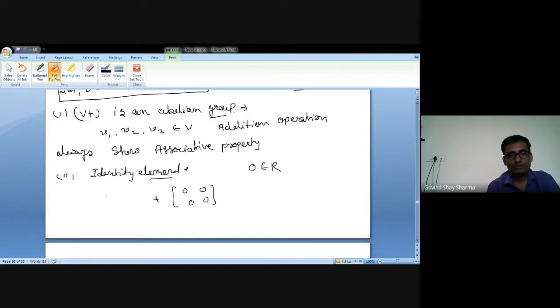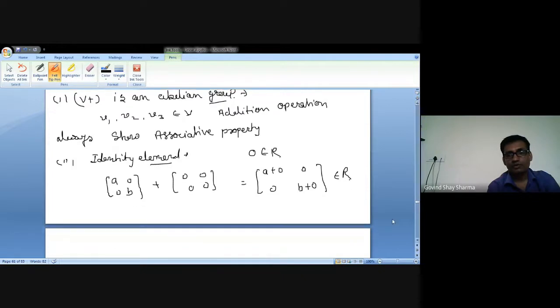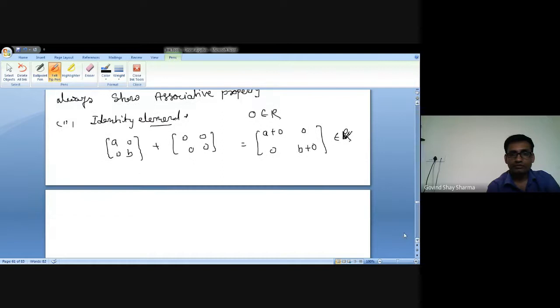Adding it to [A B; 0 0] gives A plus 0, B plus 0, which belongs to R, meaning it belongs to V. So by addition with this element, again we get the same V. So this [0 0; 0 0] belongs to V and is the identity.